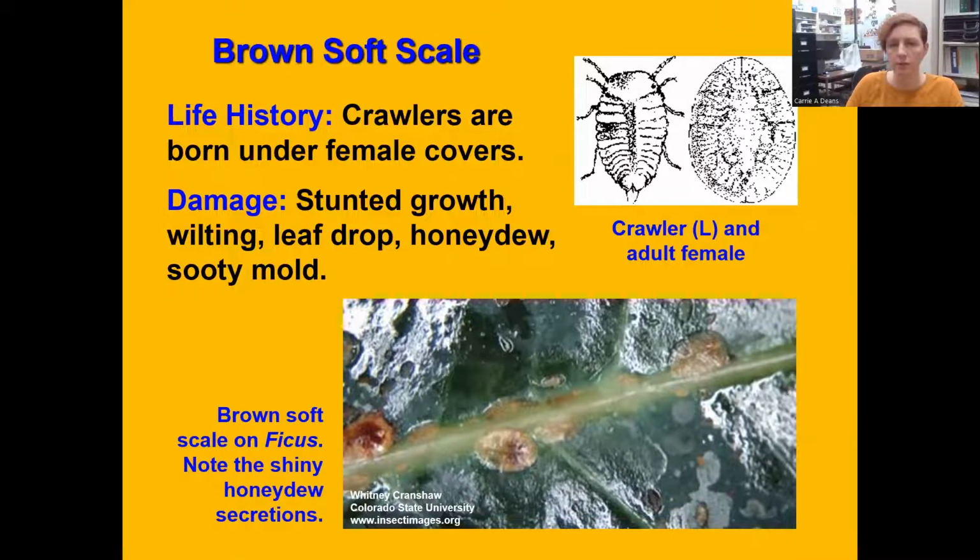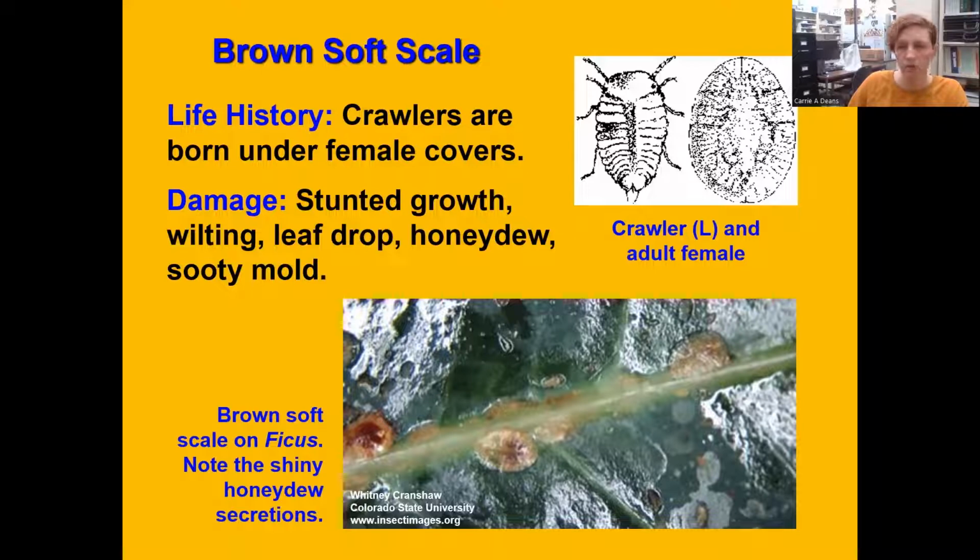The damage that's associated with this species, and we'll see a general trend across these species, it tends to be very similar types of damage. Stunted growth of the plant, wilting, leaf drop, so abscission of leaves, and then also, as we mentioned, the production of this really sticky honeydew substance that can be made more obvious by the growth of things like sooty mold that tends to kind of make leaves look really black colored.